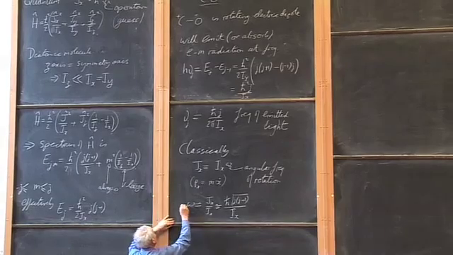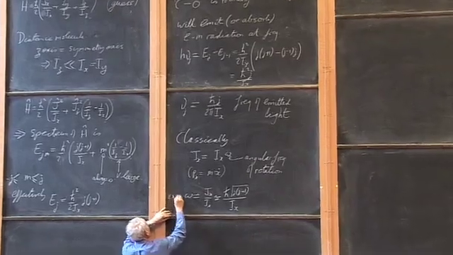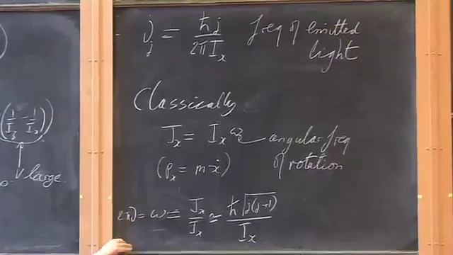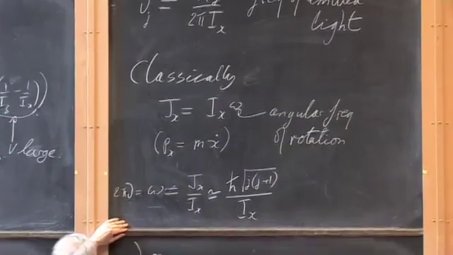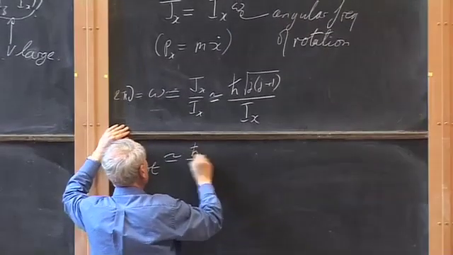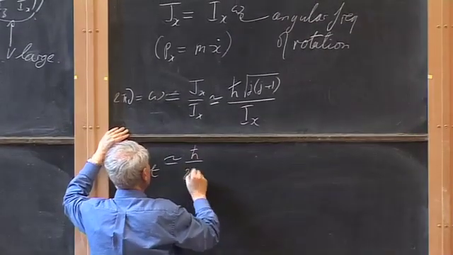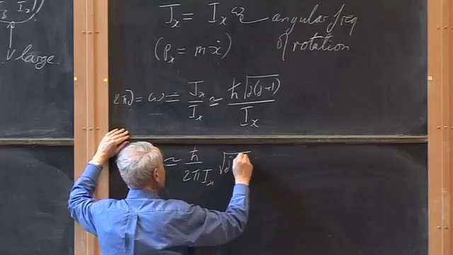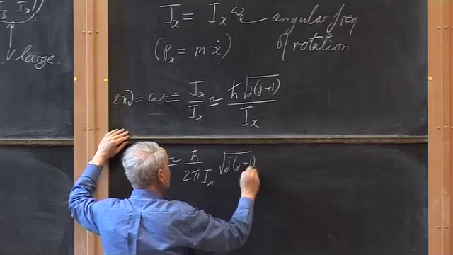So this is 2 pi times the frequency of rotation. So we have the frequency of rotation, we expect to be h bar over 2 pi I_x times the square root of j plus 1.